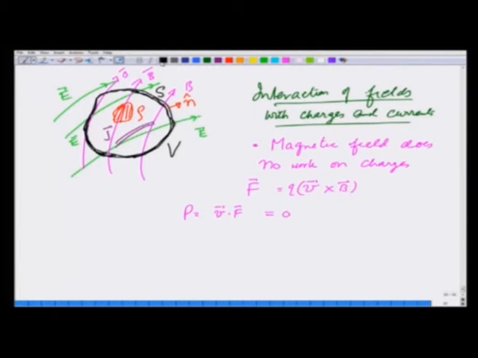How much work does the electric field do? Work done by electric field is E dot J per unit volume. That is easy to see.